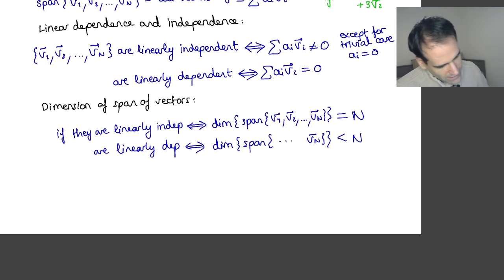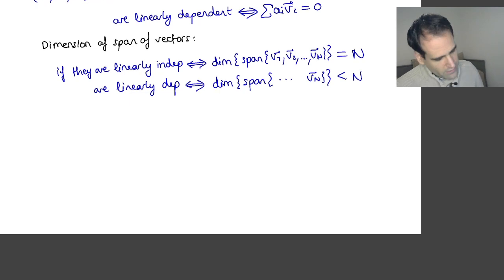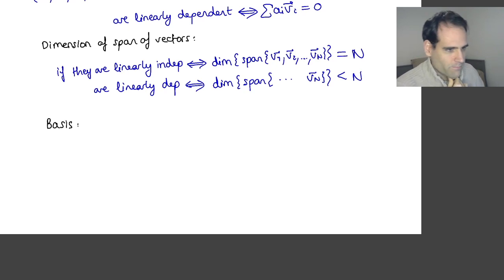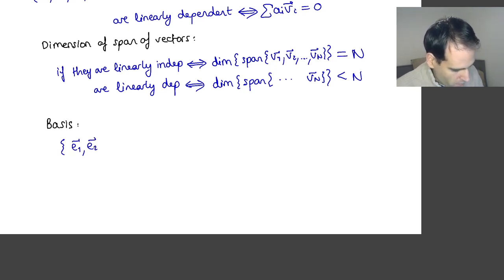Okay. Next important concept that you had to learn was the concept of a basis. So what is a basis? A set of vectors that we usually call using the letter E when it's a basis, e1, e2 up to en.